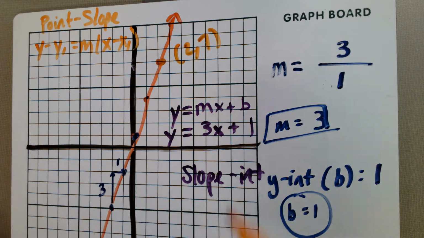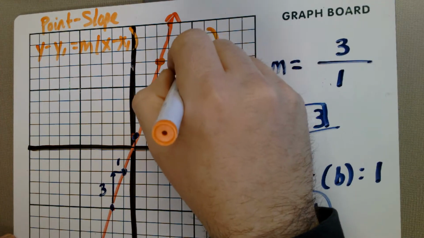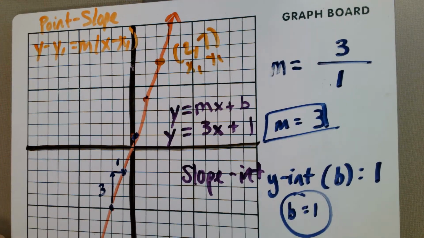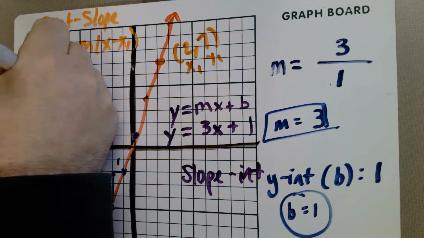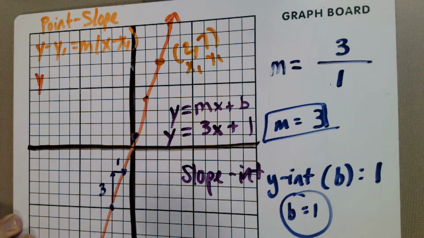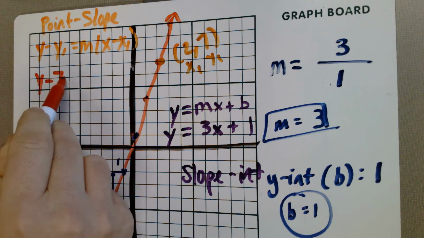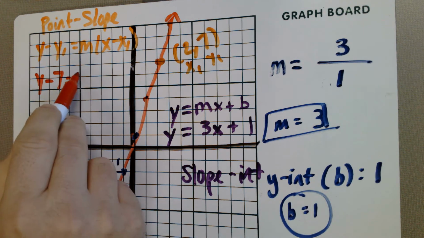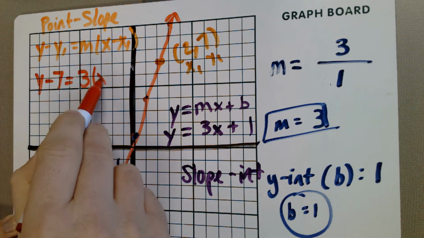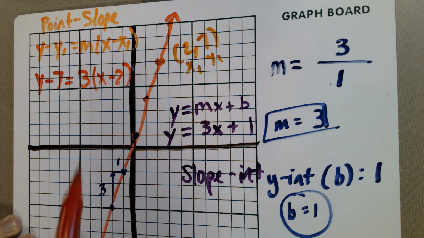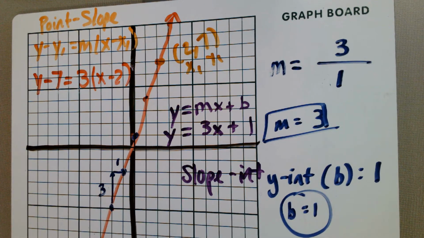So a point (2, 7) has an x1 and a y1, and since it has an x1 and a y1, we can actually use it in point-slope form. So let's do that. Our y1 is 7, so y minus 7 is equal to the slope, which is still 3, times the quantity x minus 2. So that's point-slope form.